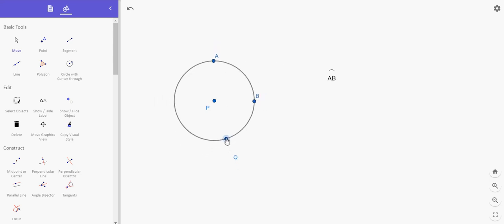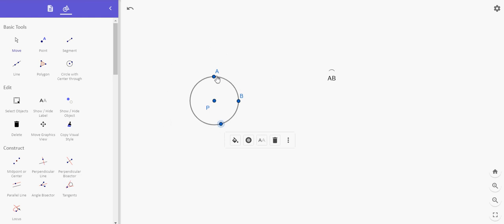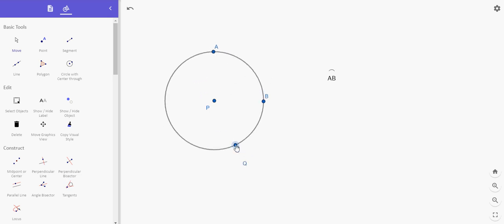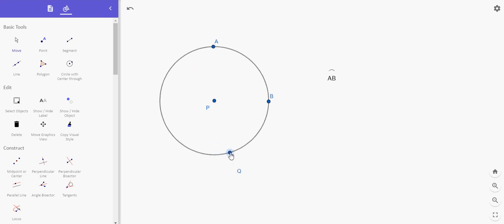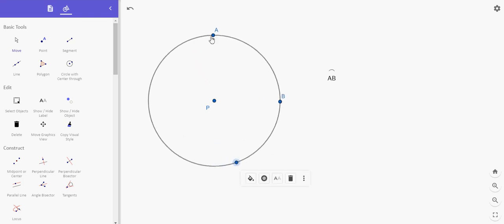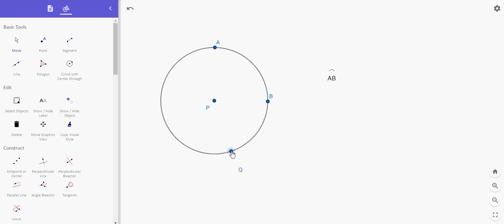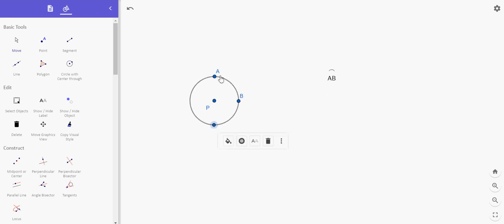Now, in some sense, this is the same kind of arc as this. But these 2 arcs will have different measure because they'll have different lengths. This will be shorter than this one. So we want a measure of an arc that tells us that this arc, which is basically a quarter of a circle, is the same as this arc, which is also a quarter of the circle.